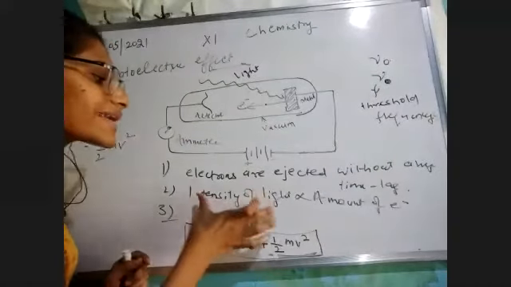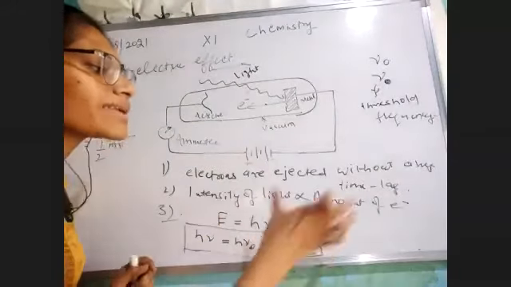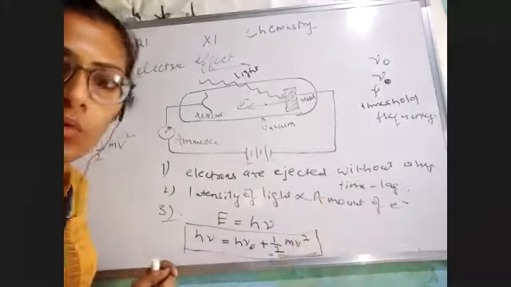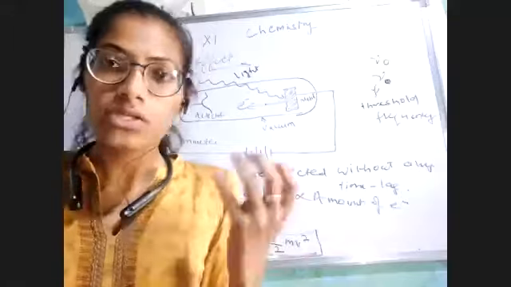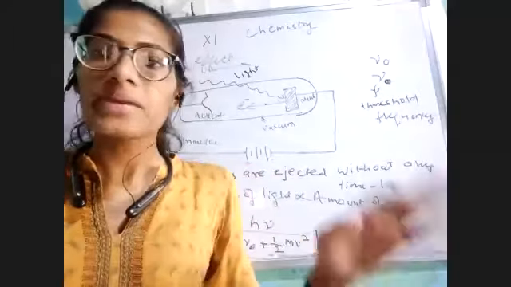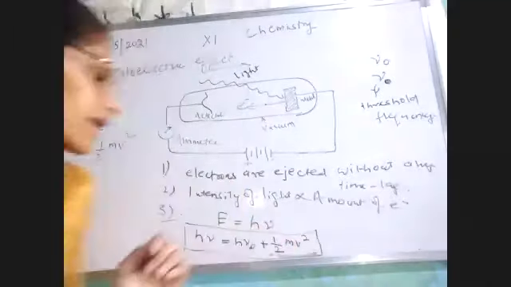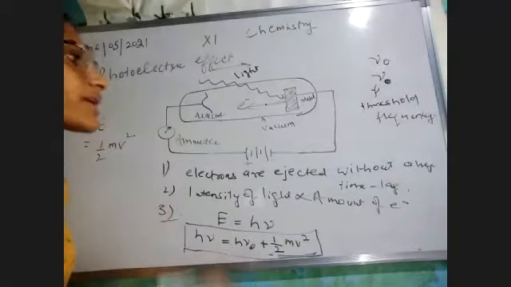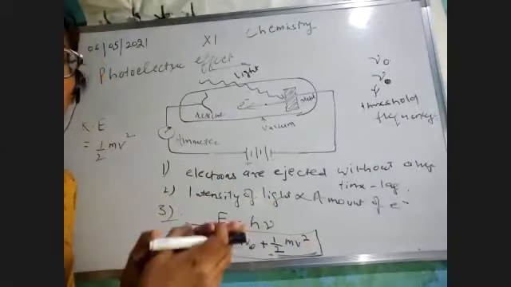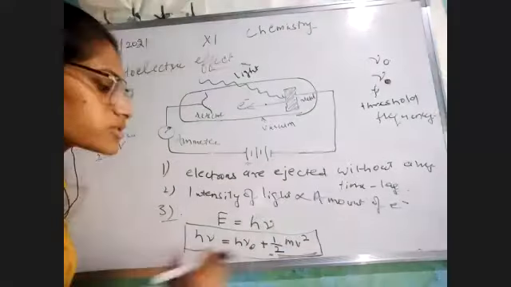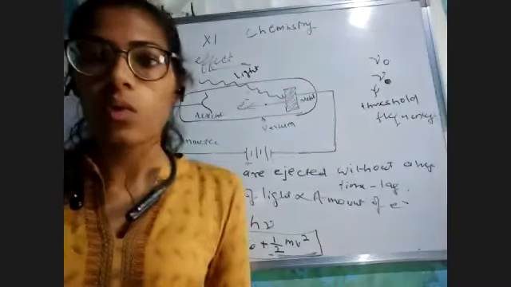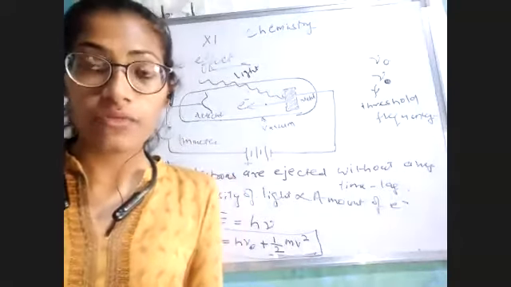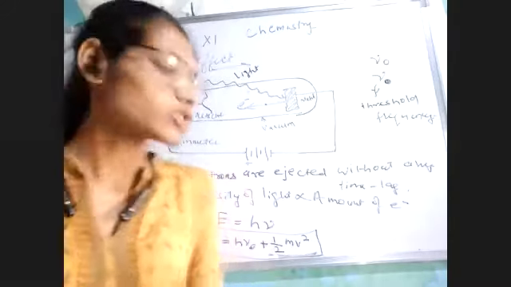Second point, the intensity of light must be directly proportional to the amount of electrons. That is, if we are using light with strong intensity, with strong energy, the electrons would be easily ejected out. And the last one, he combined all things and said h nu equals h nu naught plus half mv square. This was all about the photoelectric effect, and we have some numericals on it which are important.